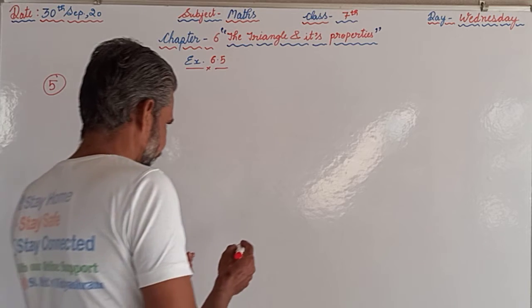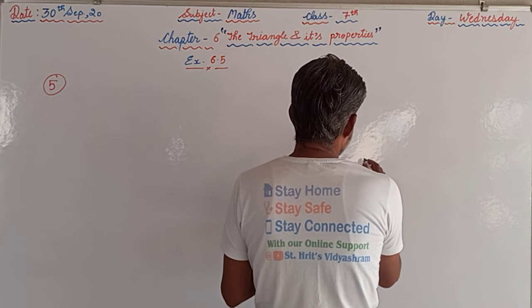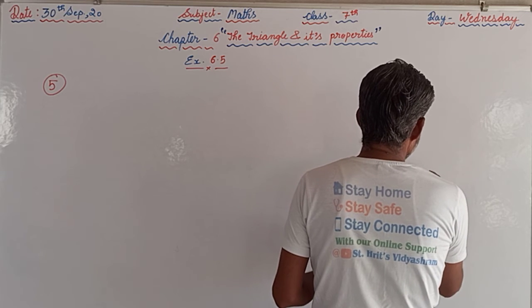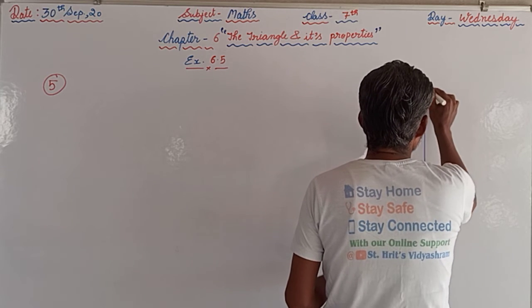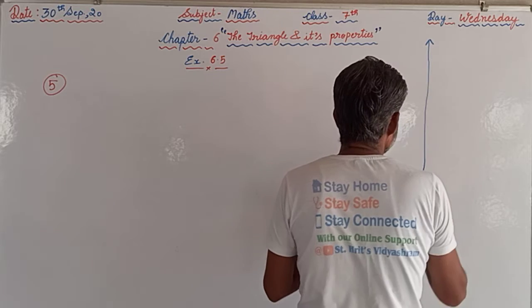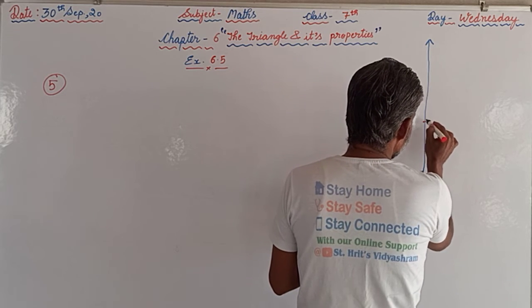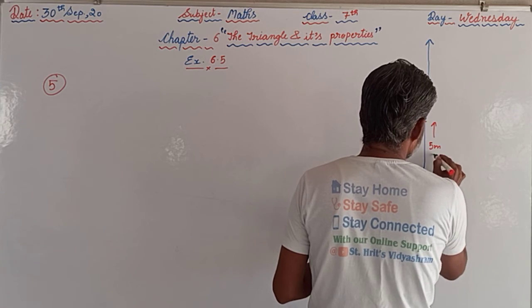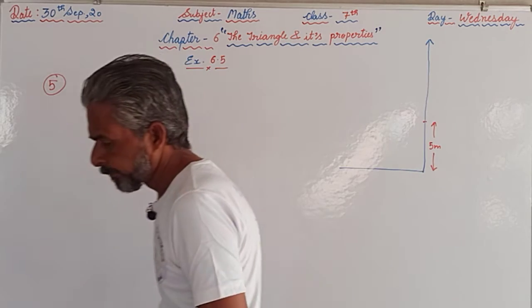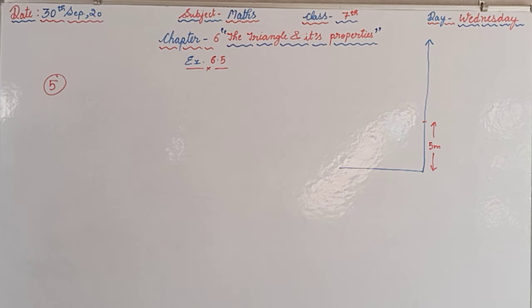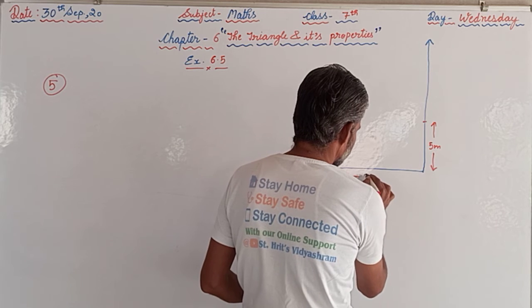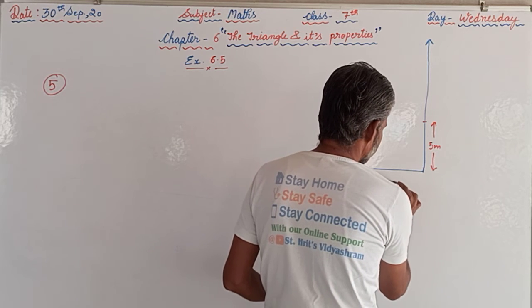Suppose this is the ground and the tree is like this. So it was broken at 5 meter height, and afterwards it touches the ground 12 meters from the base of the tree, means this is 12 meter.